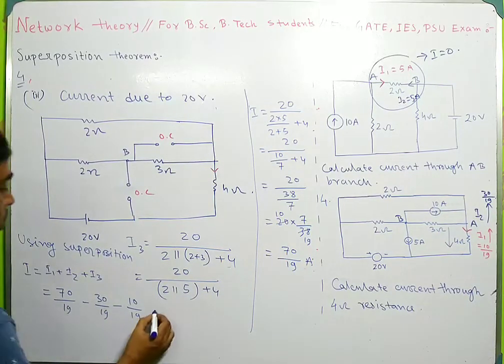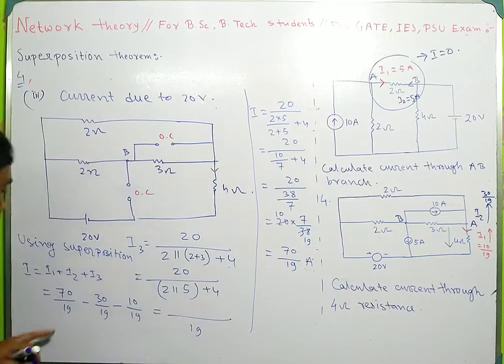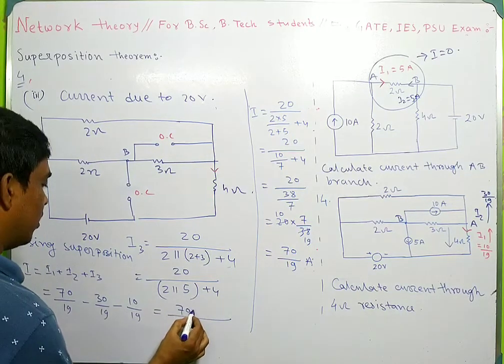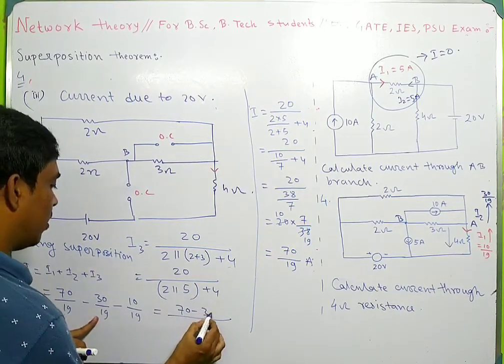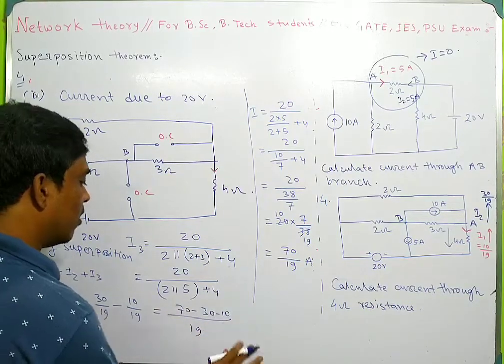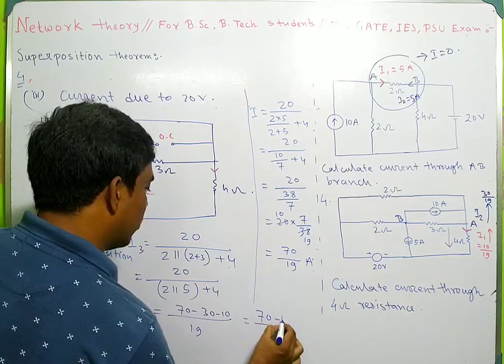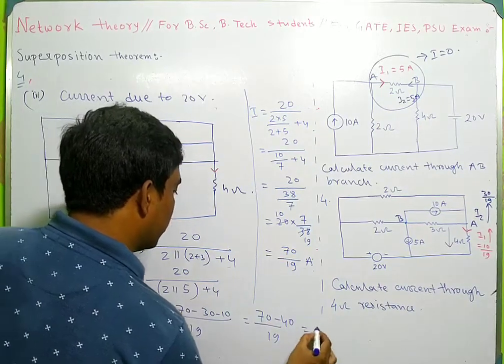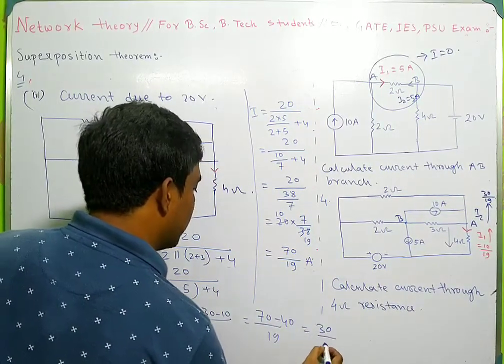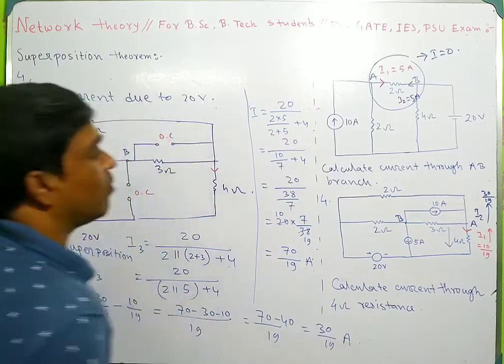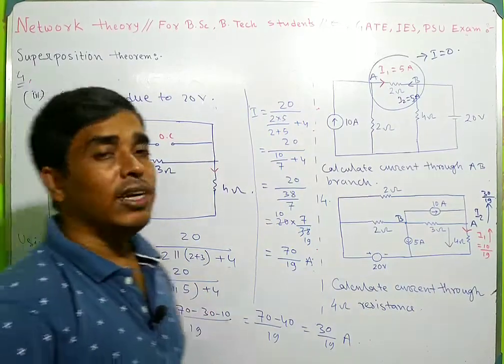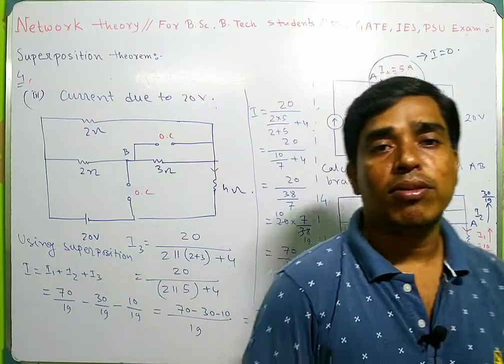So it will be 70 minus 30 minus 10, so 70 minus 40 by 19, that means 30 by 19 ampere. So in this way you can solve this type of problem.